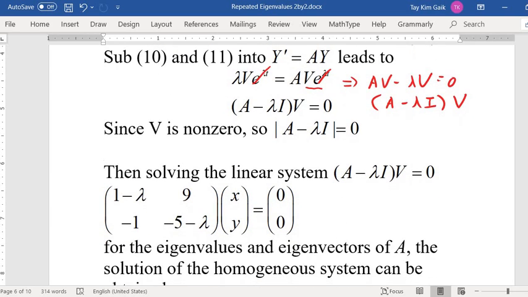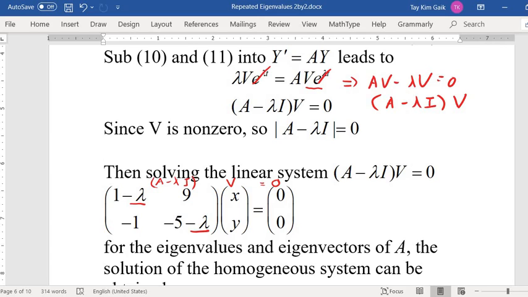So in this case, our A is [1, 9; -1, -5]. A minus lambda I makes changes only at the diagonal values, so you get 1 minus lambda and negative 5 minus lambda. This is A minus lambda I. This is the system that we are going to solve, letting the vector with elements x and y equal to a 0 vector.